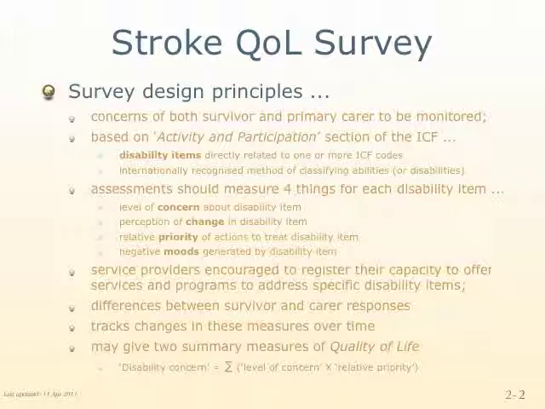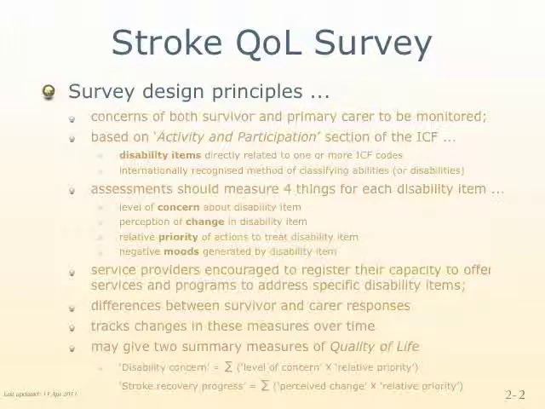The second measure is what can be called a recovery progress measure, which is calculated by summing the products of the scores given by the stroke survivor to the perceived change question and the relative priority question.